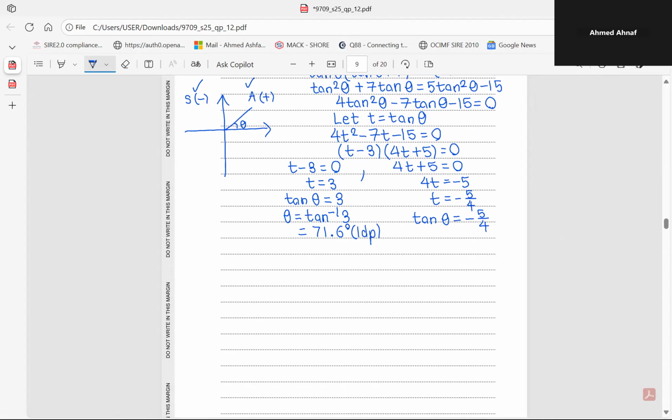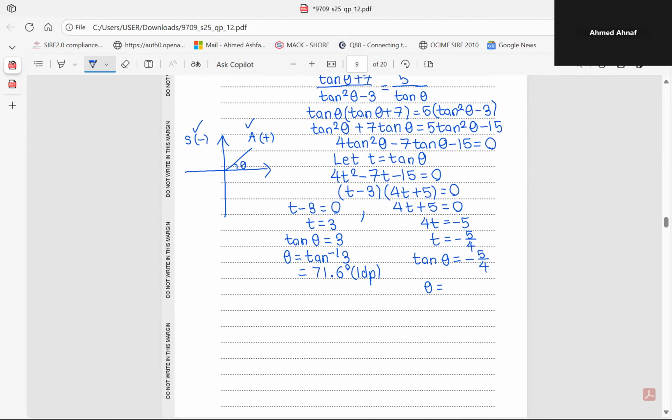Now let's solve the second equation, tangent theta equals to minus 5 over 4. Since tangent theta is negative, here theta would be in the second quadrant. So it would be an obtuse angle like this.